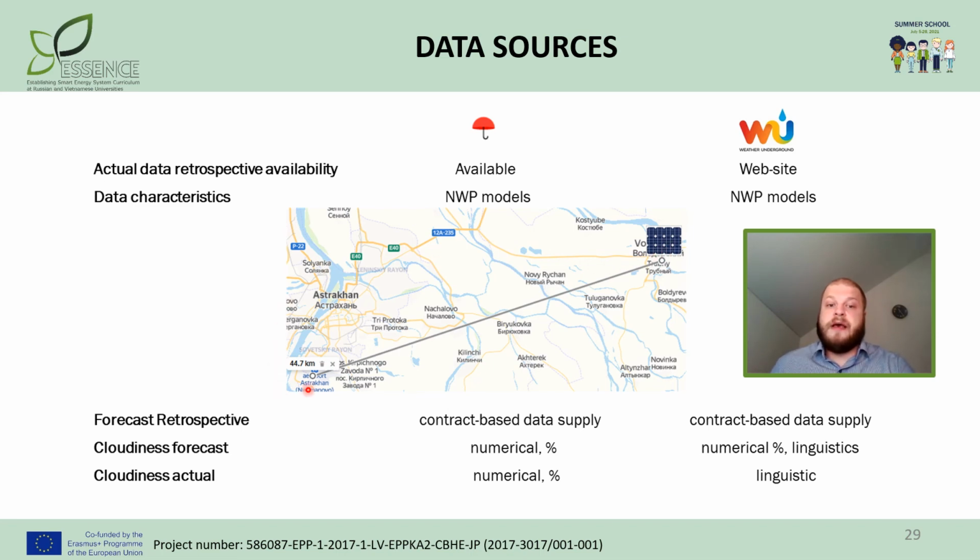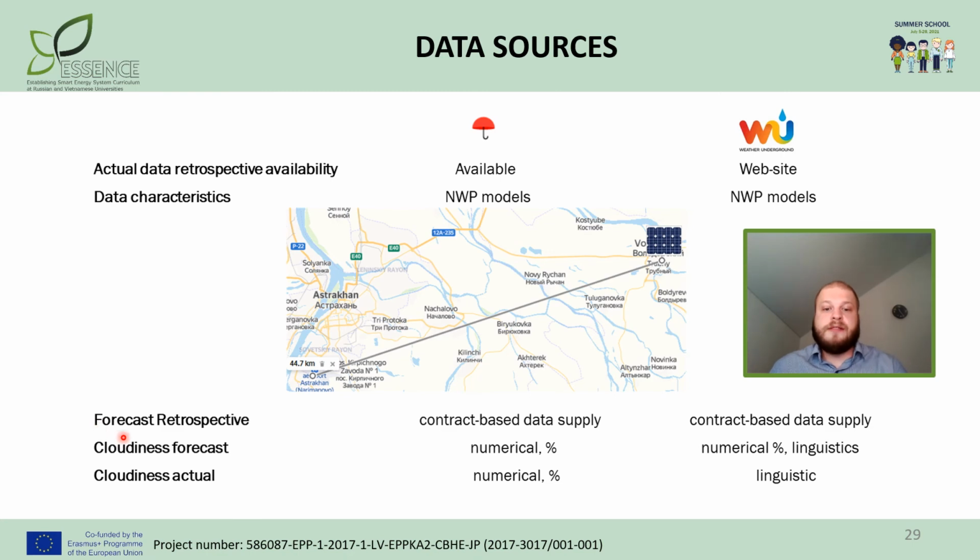Moreover, it's of great importance to take into account the distance of the photovoltaic power plant from the nearest meteorological station. This will give us at least a general understanding of whether we can rely on the data that we acquire from external weather providers or we cannot do it at all.